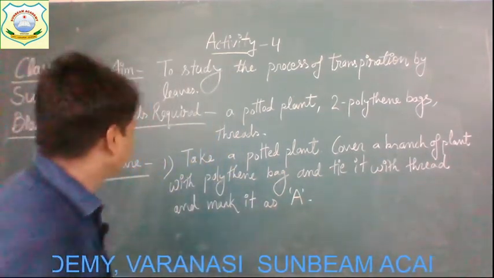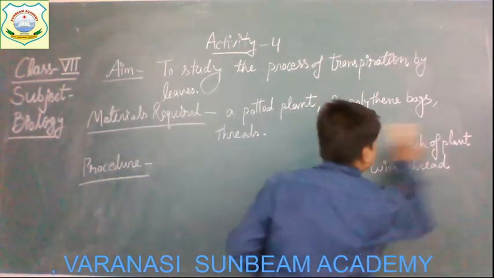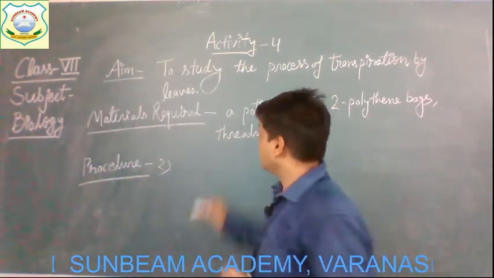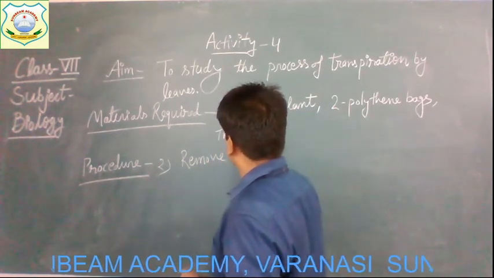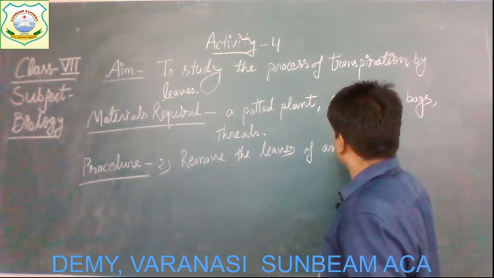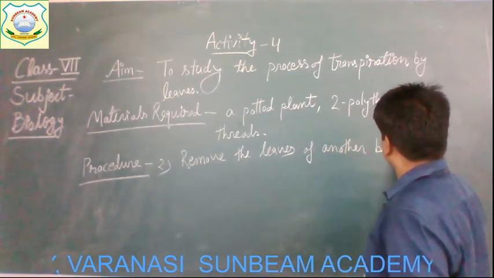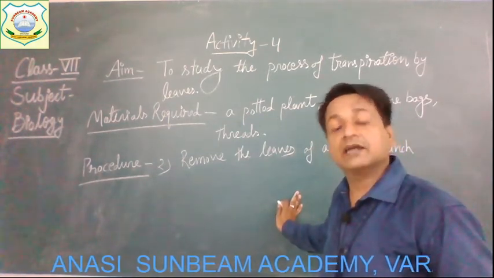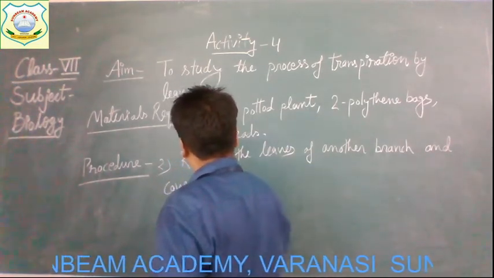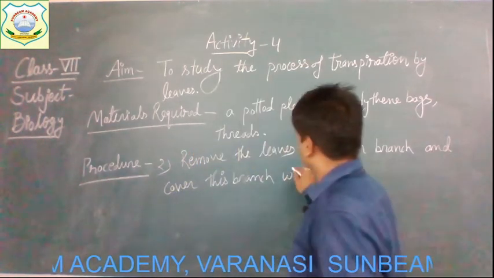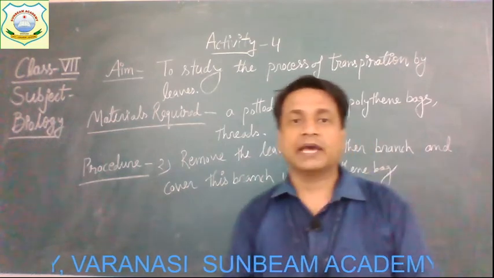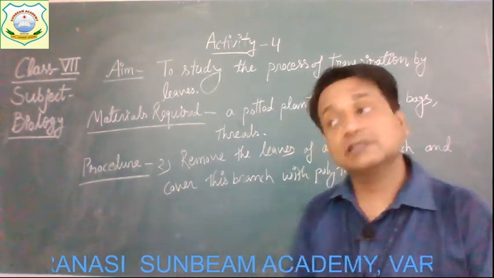So in the second step, we will remove the leaves of another branch, and cover this branch with a polythene bag. And we will mark this branch as B.